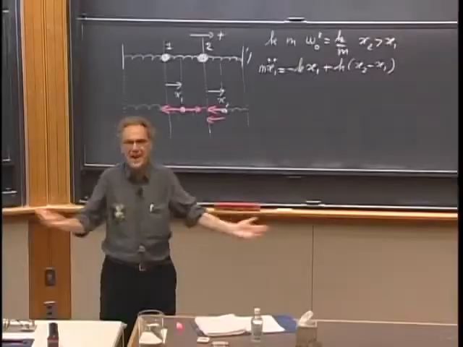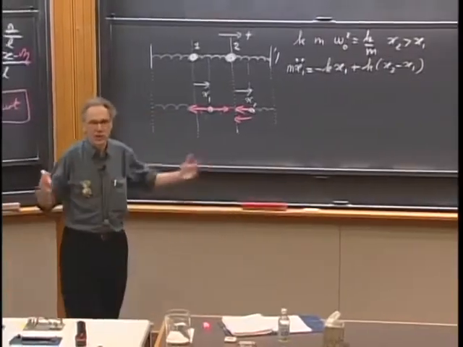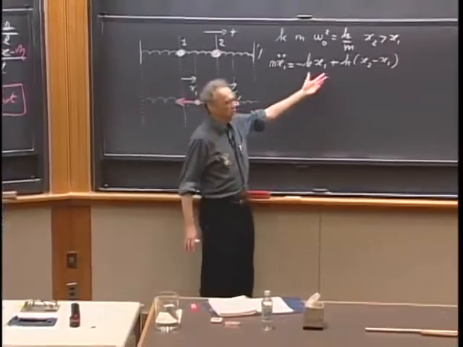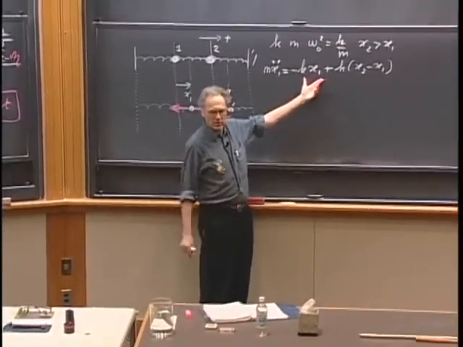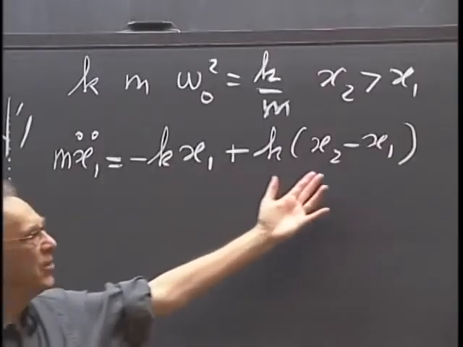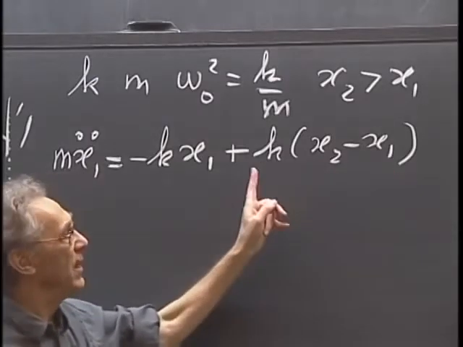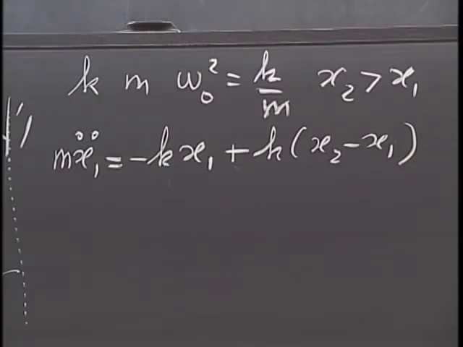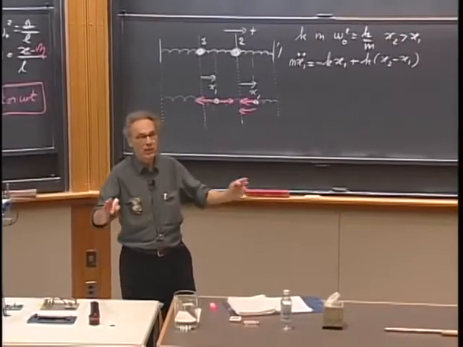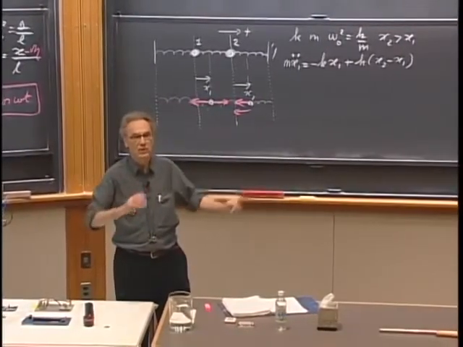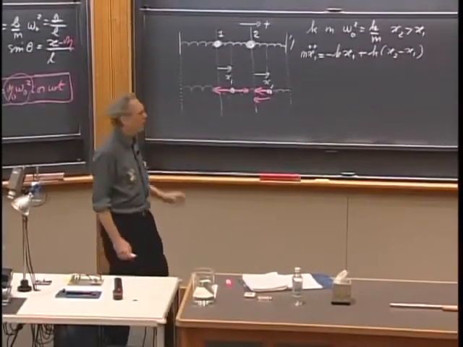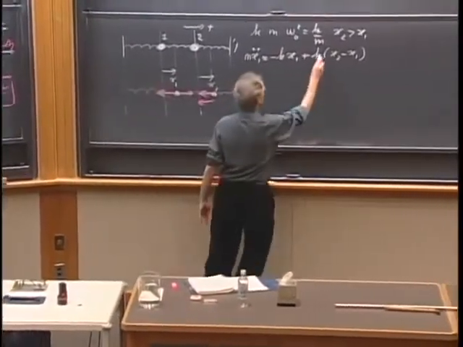Is it a disaster if it turns out that x2 is not larger than x1? Not at all. This equation is correct for all situations. The fact that I have assumed that x2 is larger than x1 gave me a plus sign here. And so my differential equation is safe, no matter what x1 is relative to x2. So you can always make that assumption, and you don't have to worry later about signs.